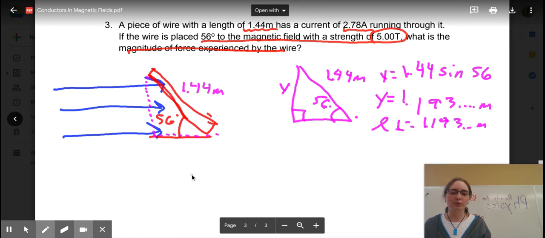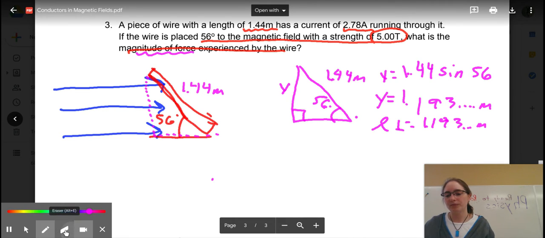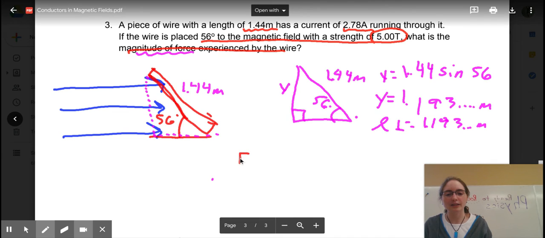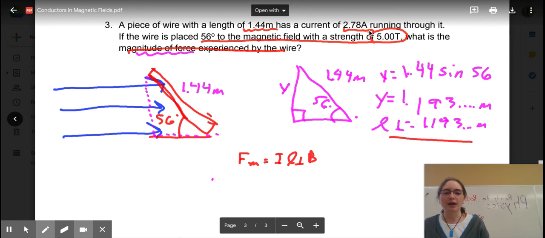And now we need to calculate the magnitude of the force the wire is going to experience. So let's calculate our F magnetic, which is going to equal our I times length perpendicular times B. We have our length perpendicular, we have our current, and we have our B of 5 Tesla.